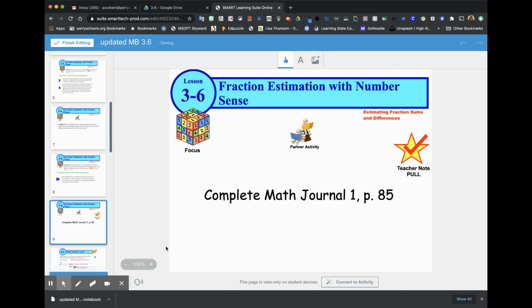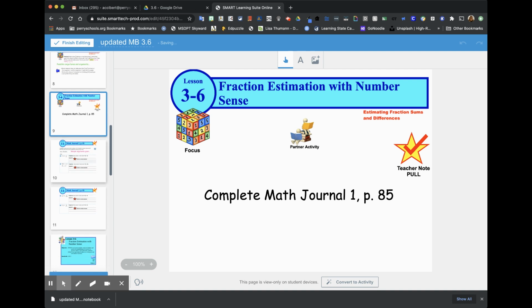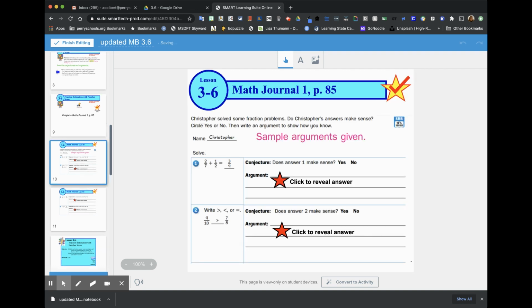Turn to page 85 in your math journal, or if you don't have your hard copy, you can always go to the Everyday Math website and go to your ebooks and open up the digital form of the Everyday Math book. On page 85, you're going to see Christopher solve some fraction problems.